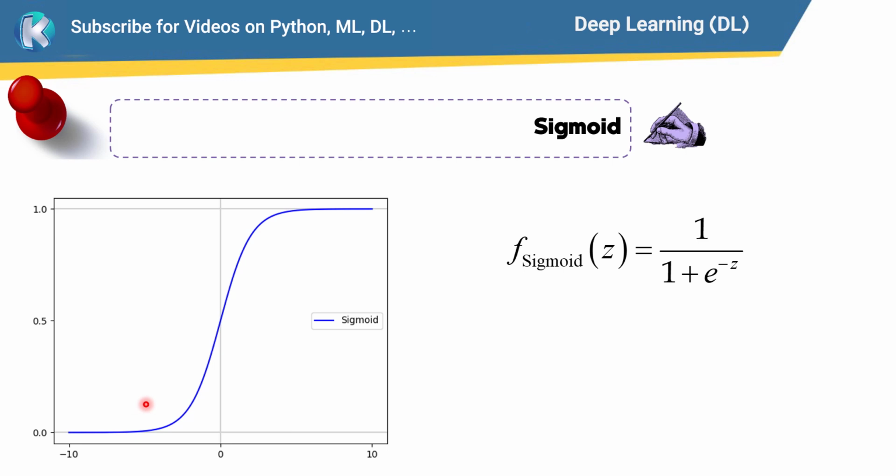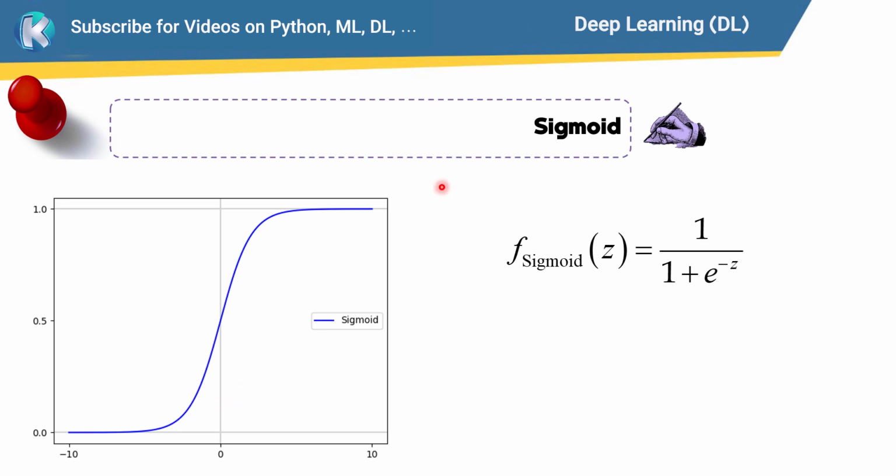As a matter of fact, the sigmoid returns the probability of having cancer for a person. If it returns 0.5, it means that the probability of having cancer is 0.5, but if it returns 0.90, it means that the probability of having cancer is 0.9 for that person. And if a sigmoid activation function returns 0.1 for a data point, it means that the probability of having cancer for that person is 0.1.